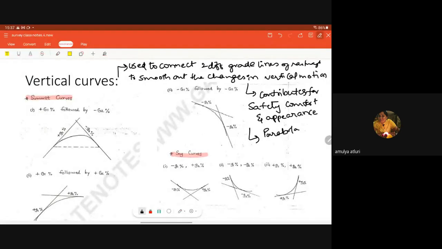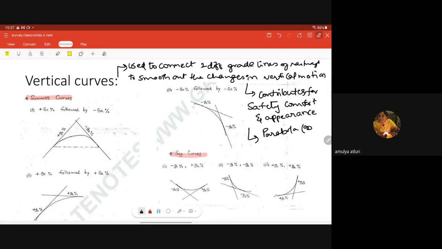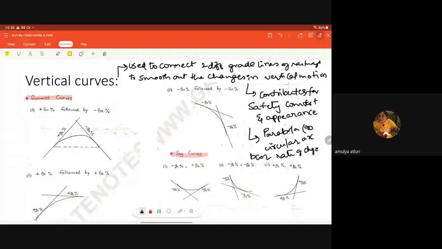Parabola or circular arc are best suited for vertical curves, because the rate of change of grade of these curves is uniform. Got it? So now let's take a look at summit curves.